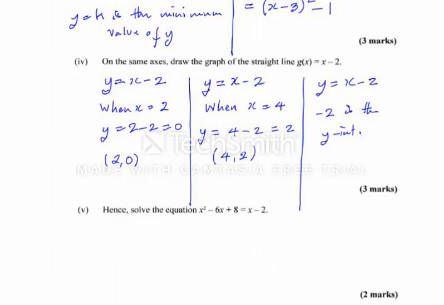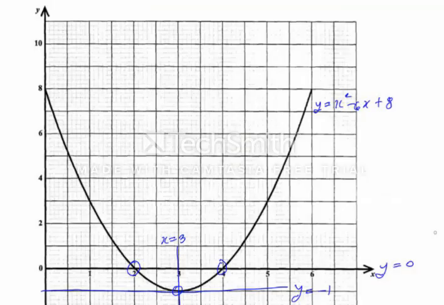So let's go back to the graph and draw a graph. I believe the points we got to draw a graph are 2, 0, 4, 2, and we have that the y-intercept is minus 2.